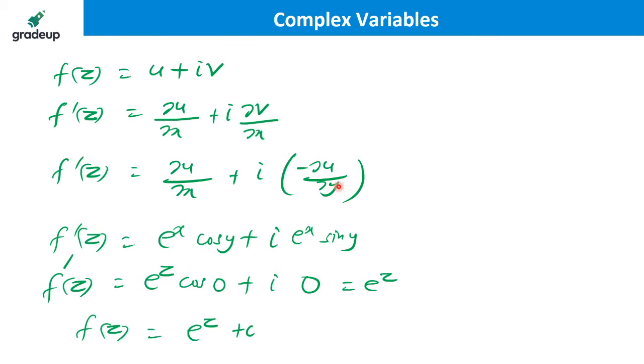Now I can separate the real and imaginary parts. F of z is e raised to z. z is x plus iy. So this is e raised to x, e raised to iy plus c.